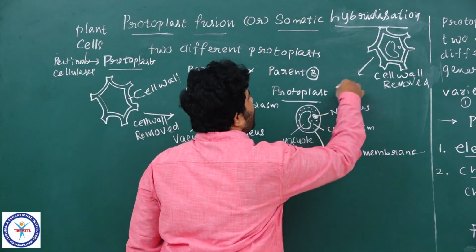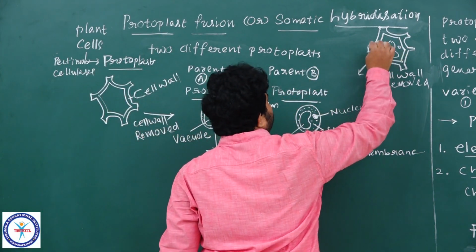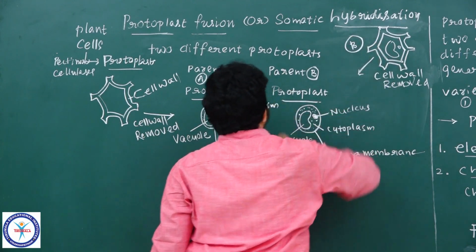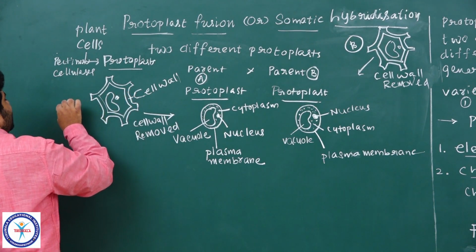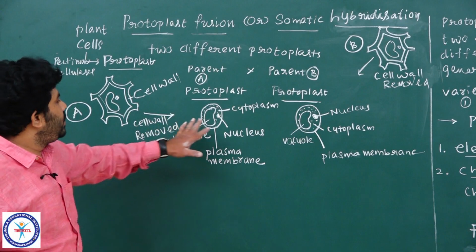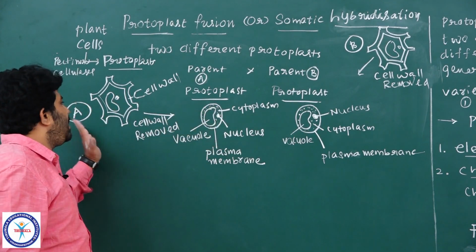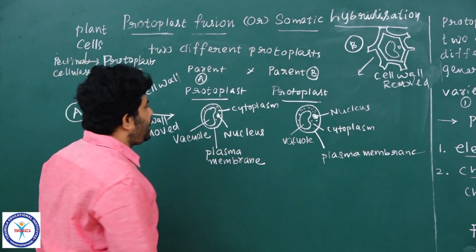So this is the protoplast we have taken from parent plant cell B, and this is parent plant cell A. So we have taken two individual protoplasts, from parent cell A and parent cell B. These two are the protoplasts now.